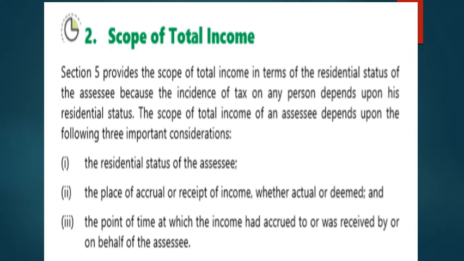The scope of total income of an assessee depends upon three important considerations: the residential status of the assessee, the place of accrual or receipt of income, whether actual or deemed, and the point of time at which the income had accrued to or was received by or on behalf of the assessee.